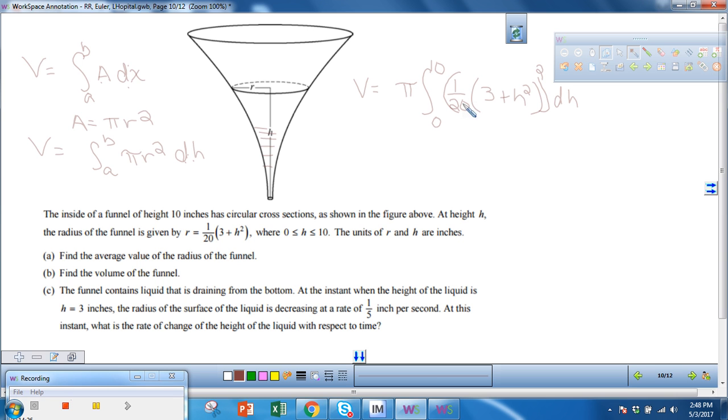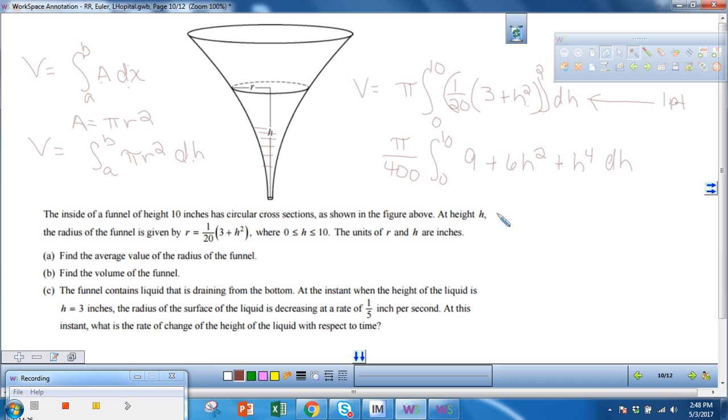Squaring this, I get 1 over 400, so I'm going to take that out, and I'm going to multiply this. So that gives me 9 plus 6h squared plus h to the 4th dh. So you got 1 point for this.